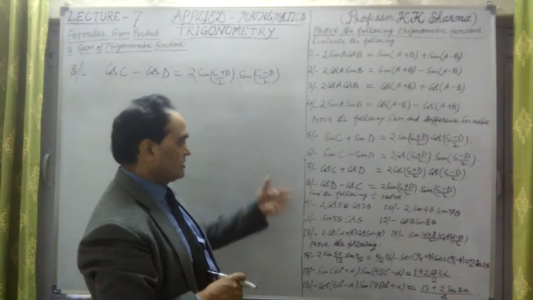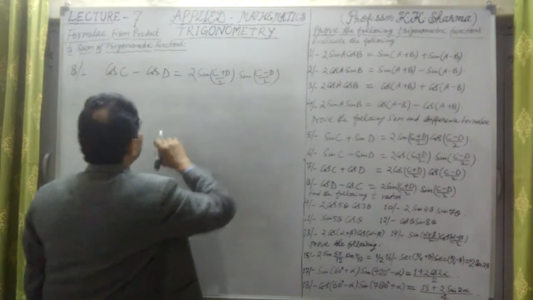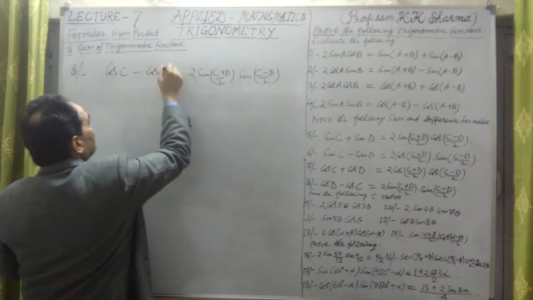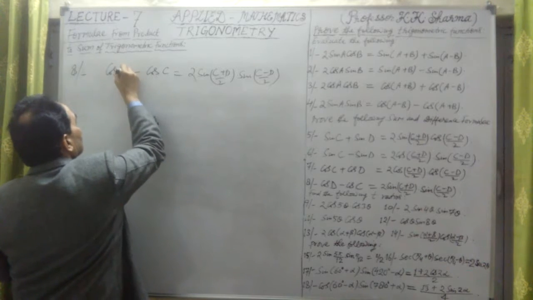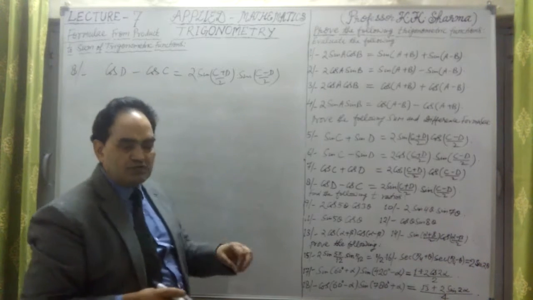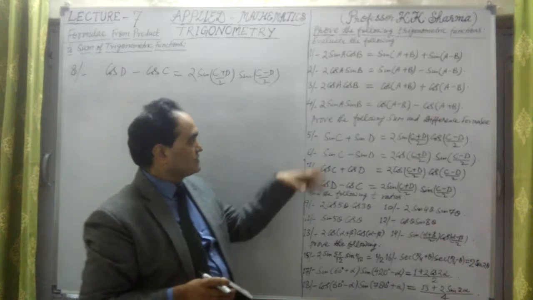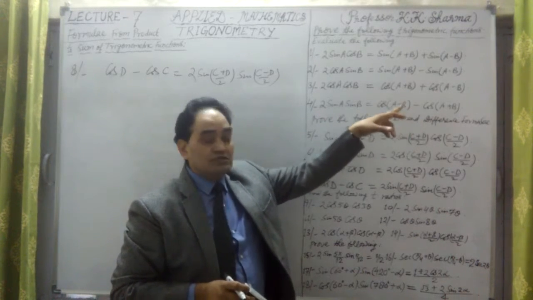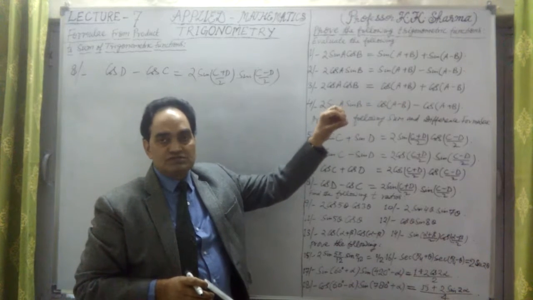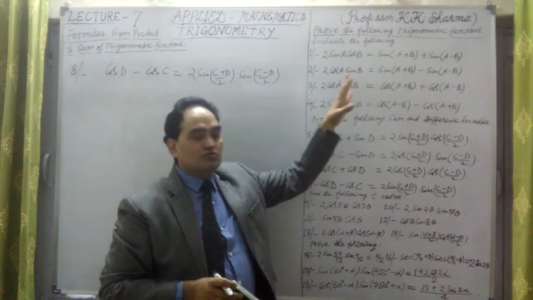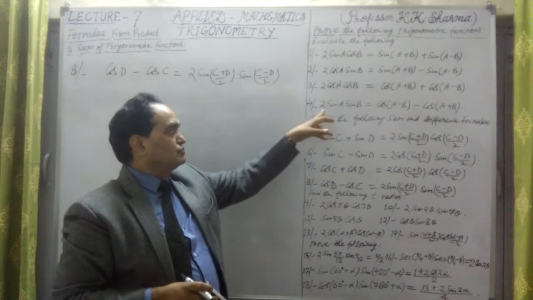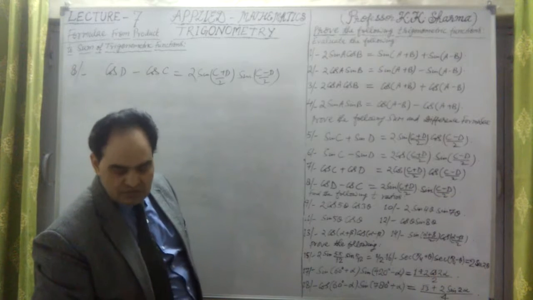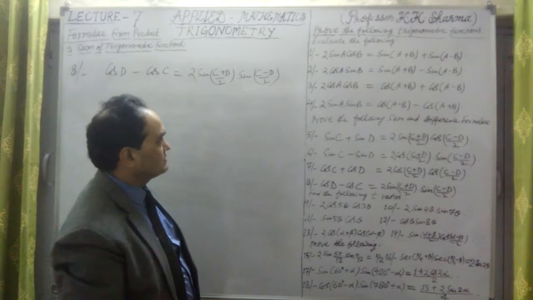Okay, this is cos D minus cos C. Let me just write here C and this is D. But first is cos (A minus B), then minus cos (A plus B). A plus B we have assumed as C, and this is D. So cos D minus cos C is equal to 2 sin (A plus B) by 2, or (C plus D) by 2, into sin (C minus D) by 2, because B is (C minus D) by 2.